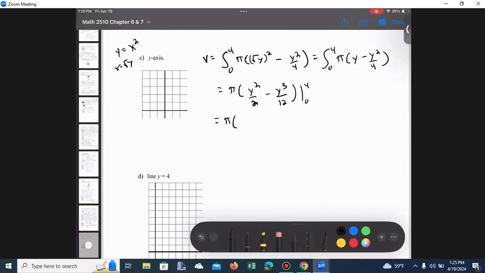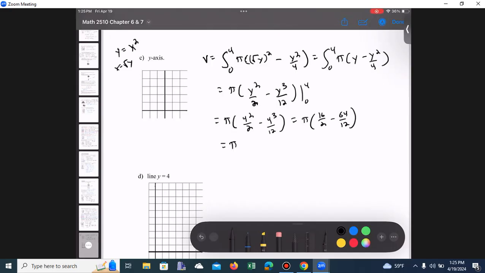We'll have 4 squared over 2 minus 4 cubed over 12. You have 16 over 2 minus 64 over 12.